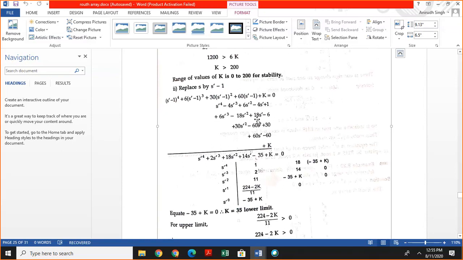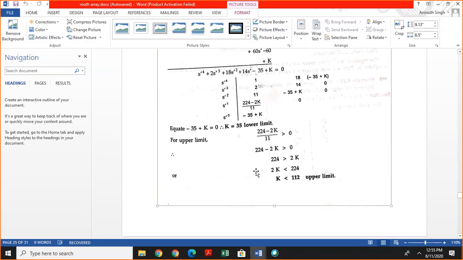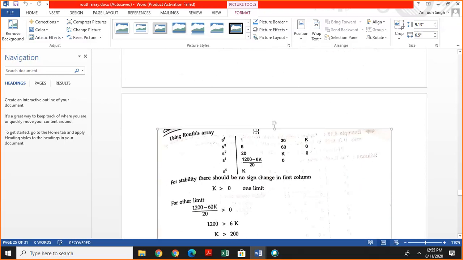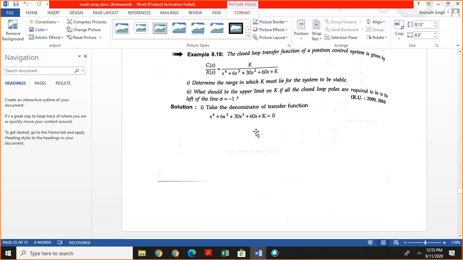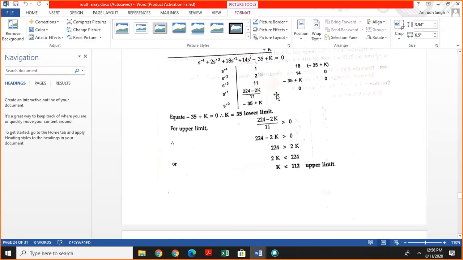You finally get the new characteristic equation from the Routh array, and from this Routh array criteria for a stable system, you find the lower and upper limit.